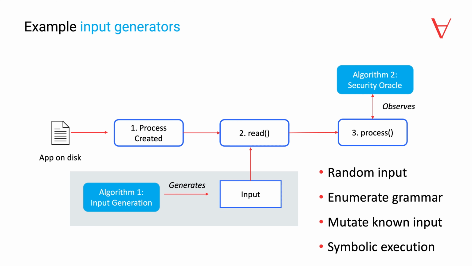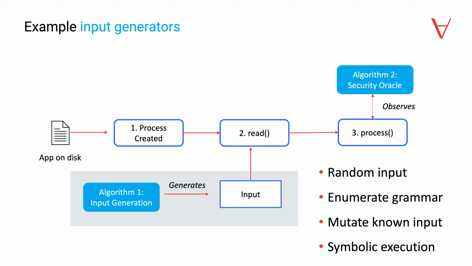So if we look at the input generation algorithm, there's really a wide variety of things you can do. You can do something as simple as use a random or even a fixed input. You could enumerate from a grammar of what you think inputs would look like. For example, if your application reads from XML, you could write a grammar for XML and enumerate that grammar to test your application.